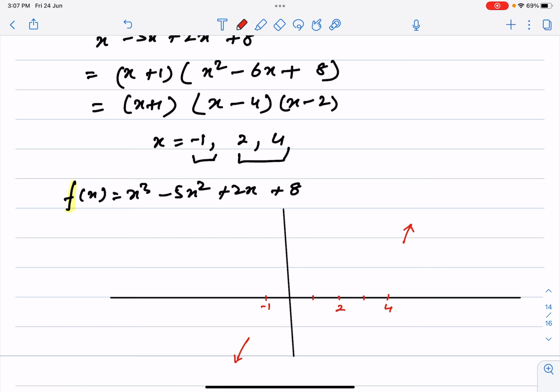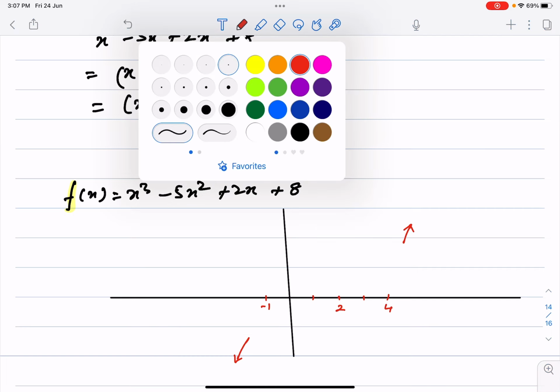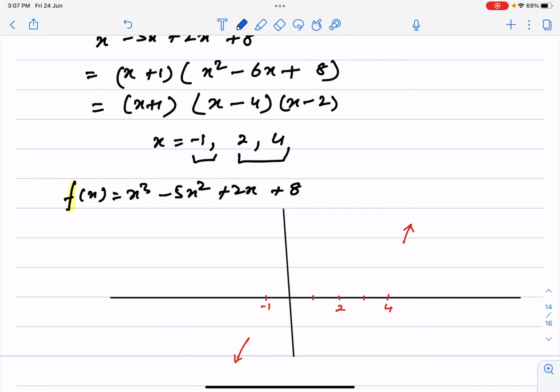Now we know the points where it is meeting the x-axis, that is -1, 2 and 4, right? And we know that at -1 it is going down, so it will be going like this, then like this.